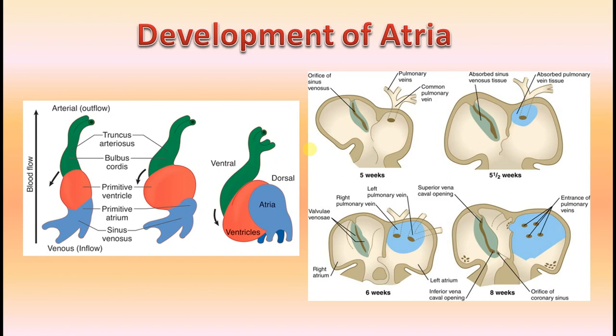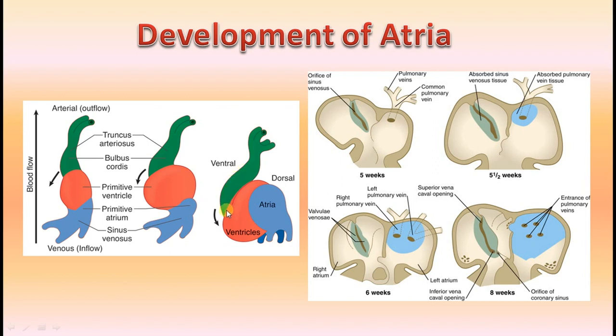So, a brief development of the atria. Here you are able to see the parts of the primitive heart tube, which consists of the bulbus cordis, primitive ventricle, primitive atrium and sinus venosus. The folding of the heart tube, which is called cardiac loop formation, takes place.